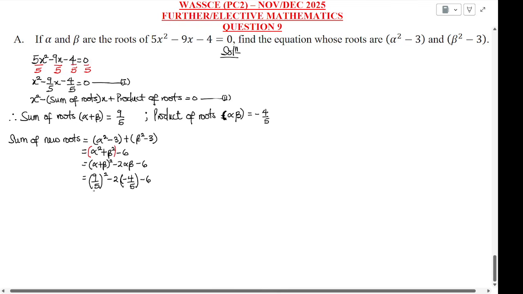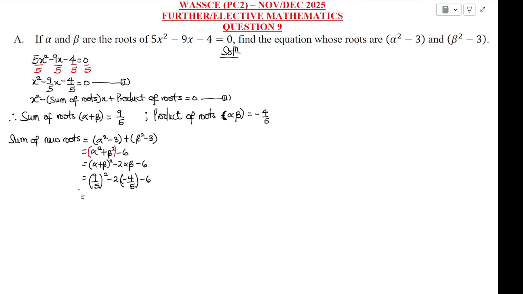Then minus 6. So we enter the whole thing in the calculator: 9 out of 5 all squared minus 2 multiplying negative 4 out of 5 and then minus 6.